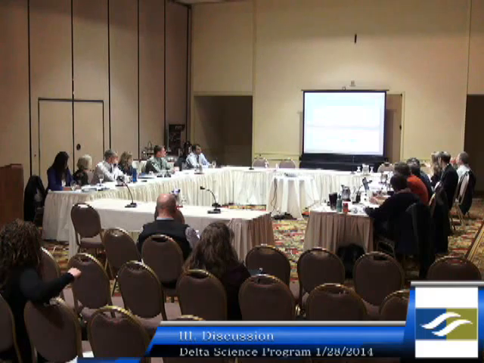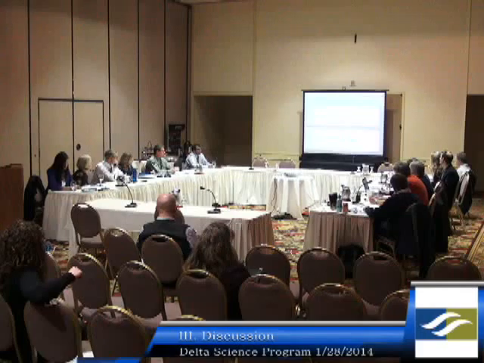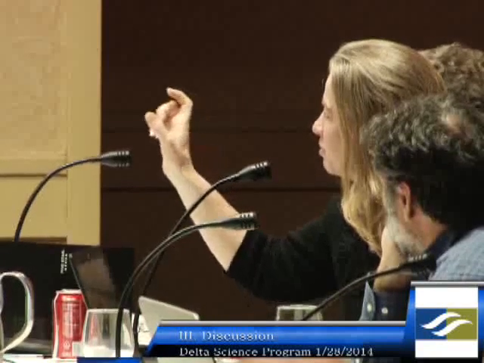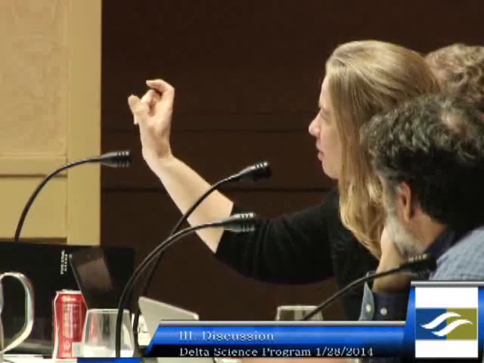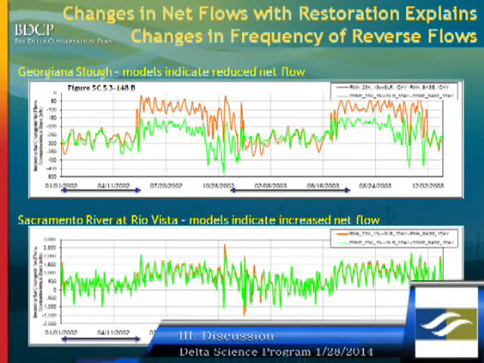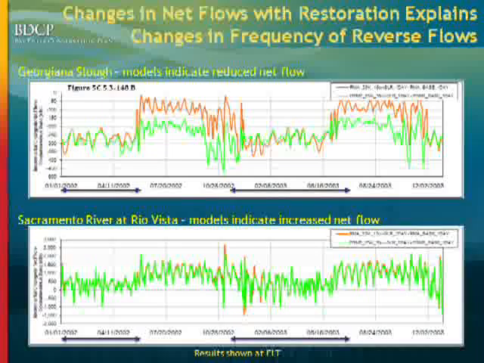This is Georgiana Slough, and this top figure. And as I understand it, the periods where you see the arrows are the periods when the delta cross channel is closed, and the periods where there isn't an arrow is when the delta cross channel is open.